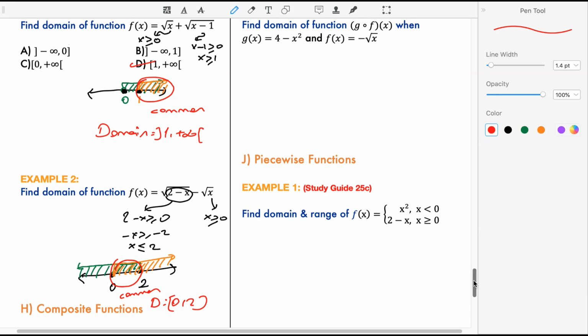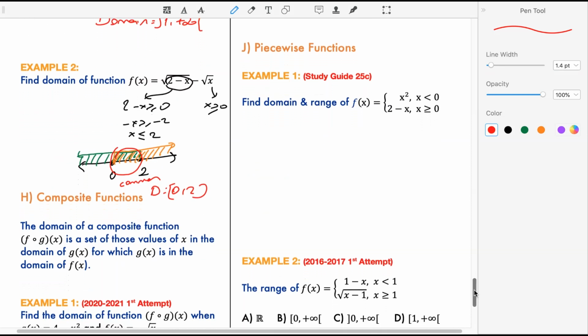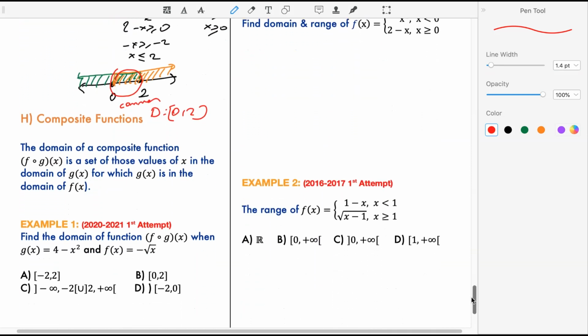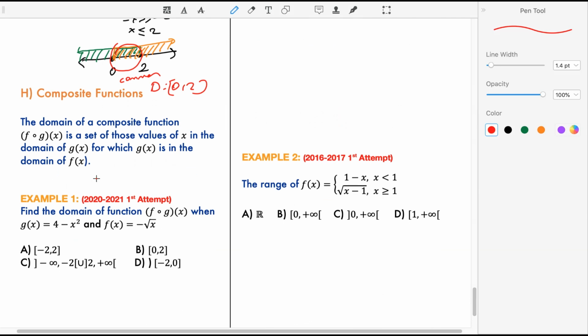Okay, we have more functions. This time, let's study composite functions. The domain of the composite function f composed with g of x is the set of those values of x in the domain of g for which g of x is in the domain of f. This sentence is very complicated.